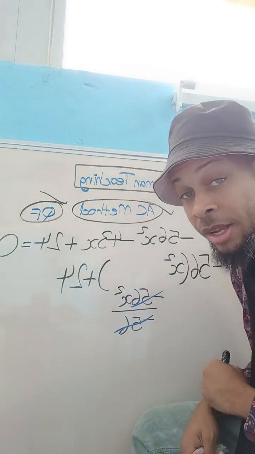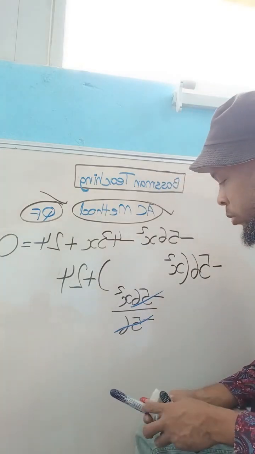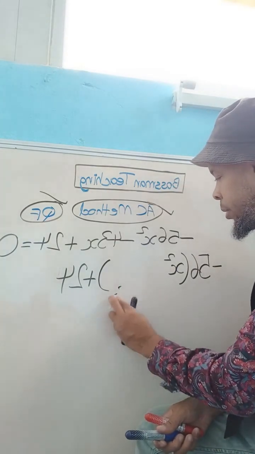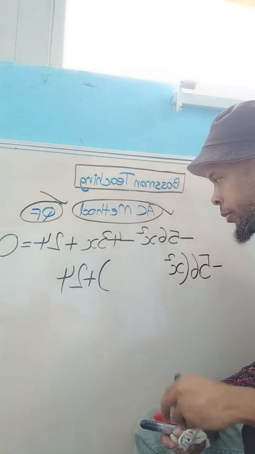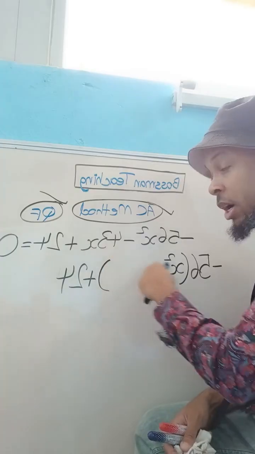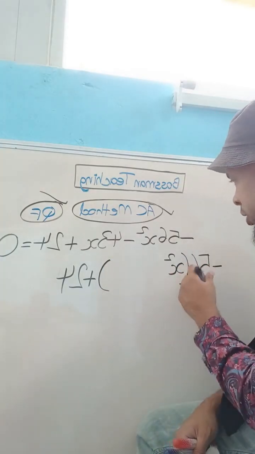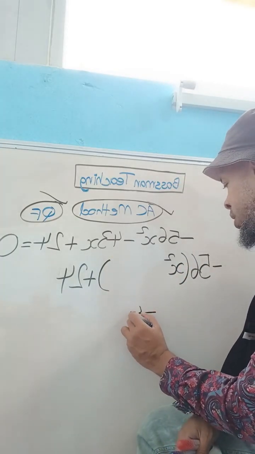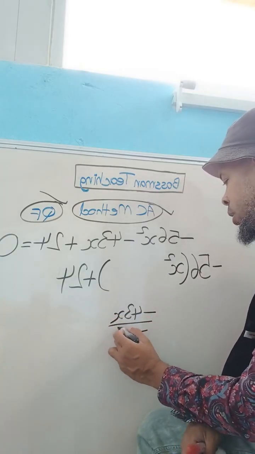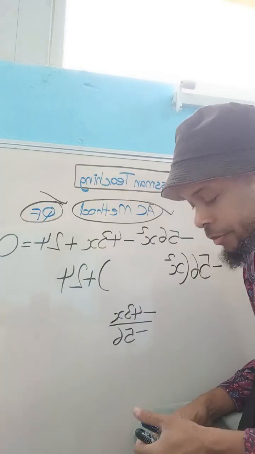So let's remember that. Moving on now, the next thing we're going to do. Remember, this is a minus 43x. So we're going to put minus 43x over minus 56.